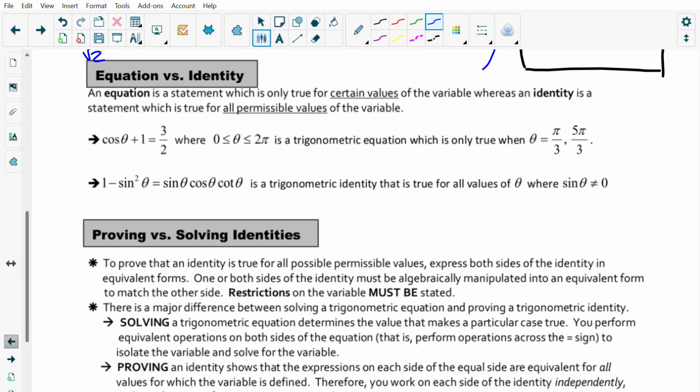Okay, equation versus identity. Let's be careful. An equation is a statement which is only true for certain values of the variable, whereas an identity is a statement which is true for all permissible values of the variable.